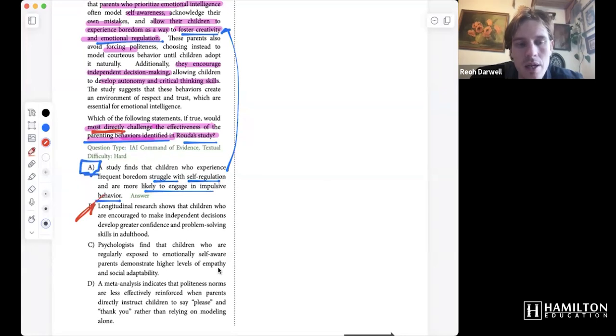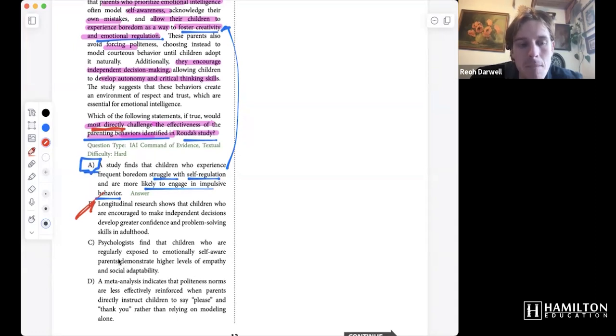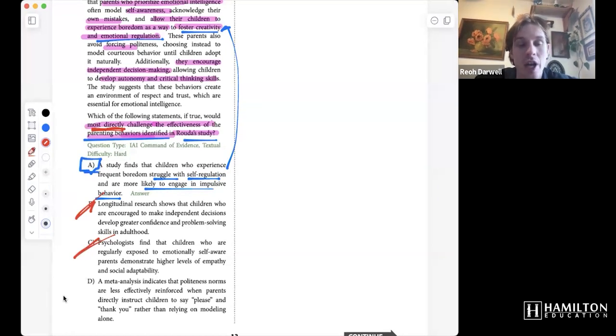With C, children who are regularly exposed to emotionally self-aware parents, blah, blah, blah. This again is supporting her study rather than challenging it. Now with D, D is a really tricky one to get rid of. Politeness norms are less effectively enforced when parents directly instruct children to say please and thank you rather than relying on modeling alone, is actually going to support her claim.